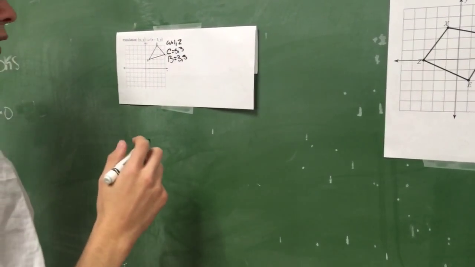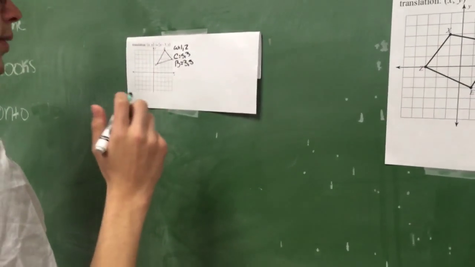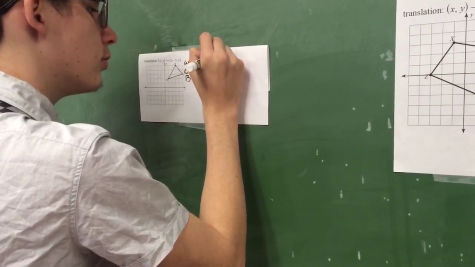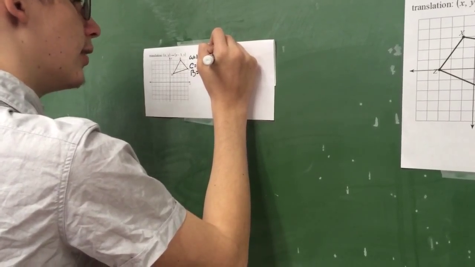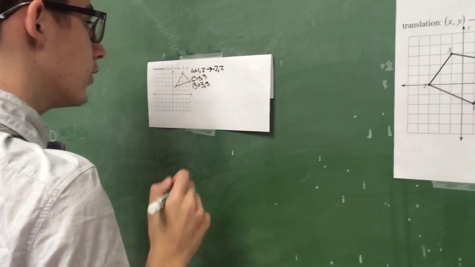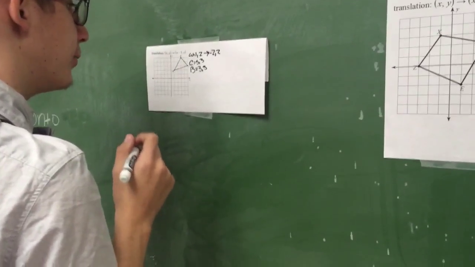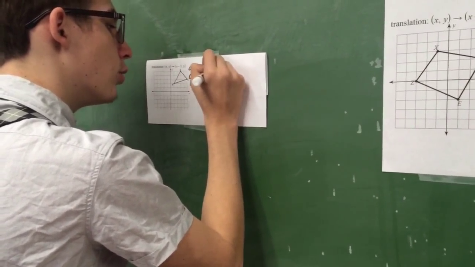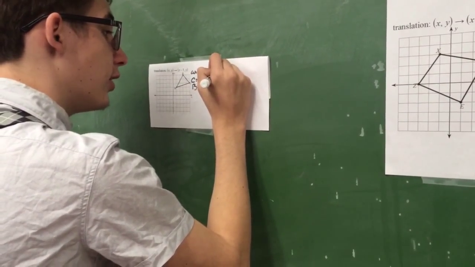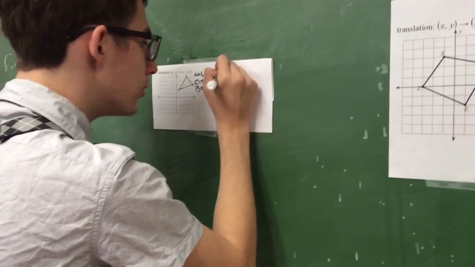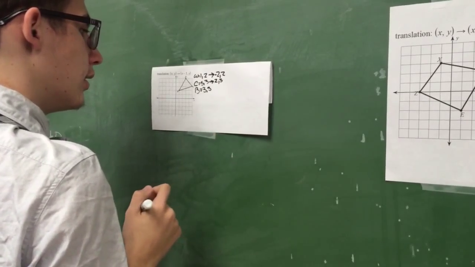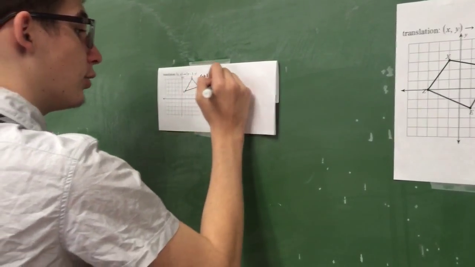Okay, so for W, we would take 1 minus 3, which would equal negative 2. And that is our new X. And the Y would stay the same. And for C, we would take 5 minus 3, which would equal 2. And then negative 3 would stay the same. And then for B, we would take 3 minus 3, which would equal 0.